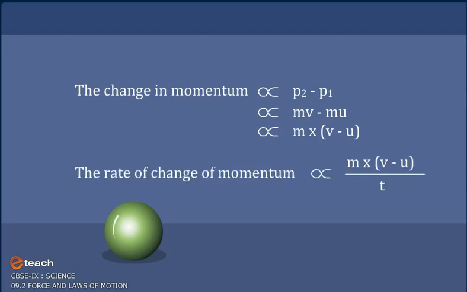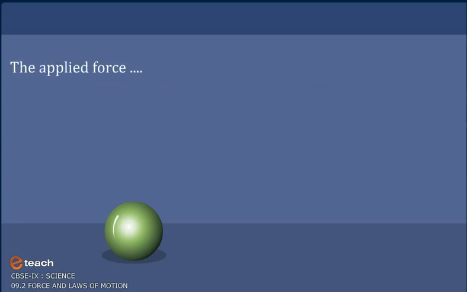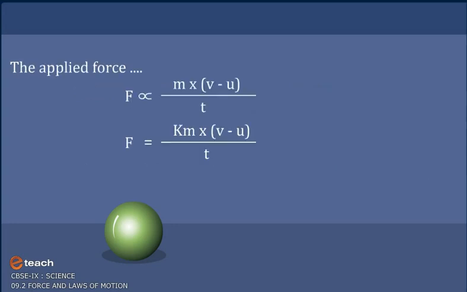The rate of change of momentum is directly proportional to m multiplied by (v minus u) divided by t, or the applied force F is directly proportional to m multiplied by (v minus u) divided by t. F = km(v minus u)/t, that is equal to kma.